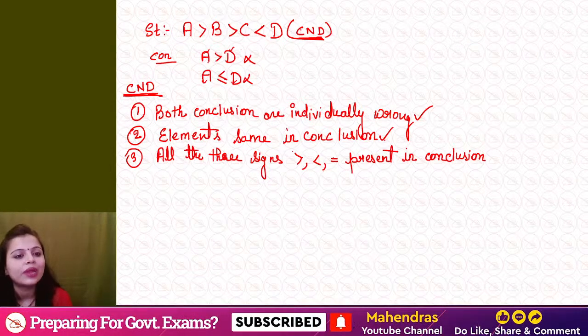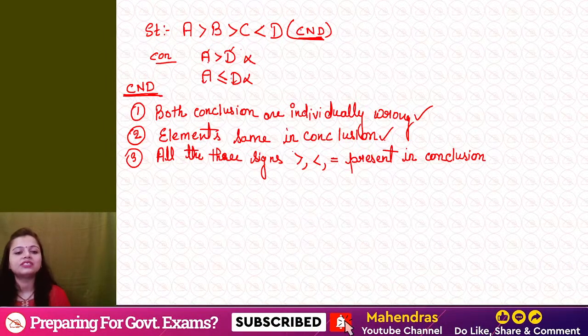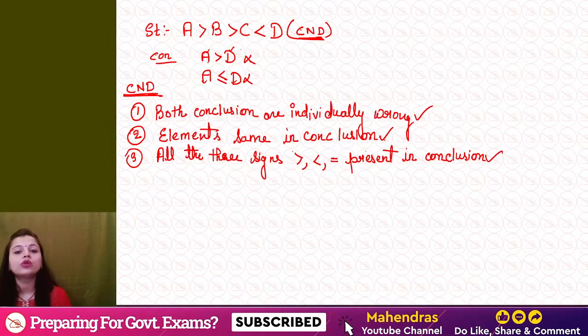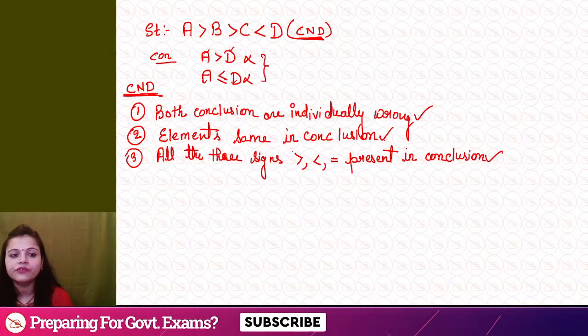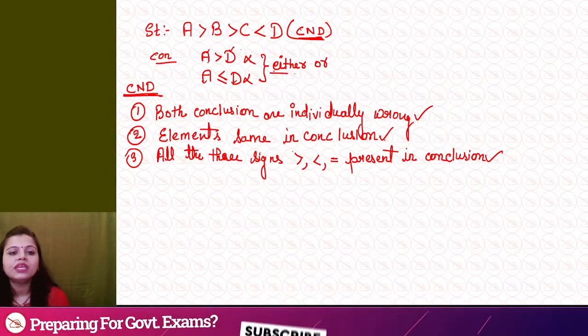Between A and D in the first conclusion greater is present, and in the second conclusion less or equal is present. So all the three signs are present. So if all the three rules are followed by these conclusions, then your answer will be either or.